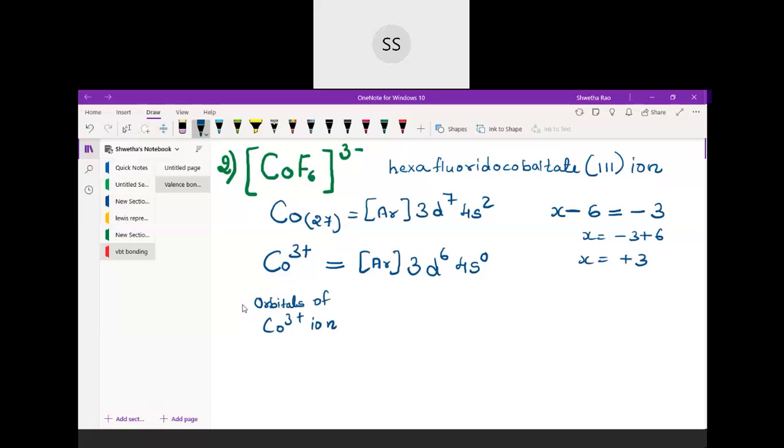The electrons which will be participating here is the d orbital. Okay, and the s. So I will draw the d orbital. 5 divisions we have. So 1, 2, 3, 4 and then 5. Okay, after that we have 4s. Okay, and then after 4s you will see that there is 4p orbital.